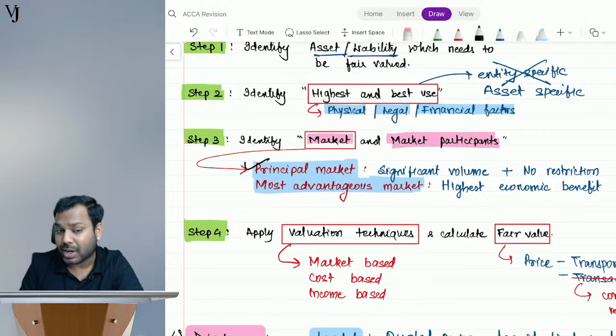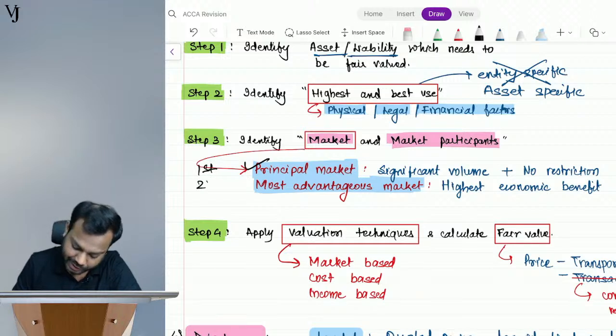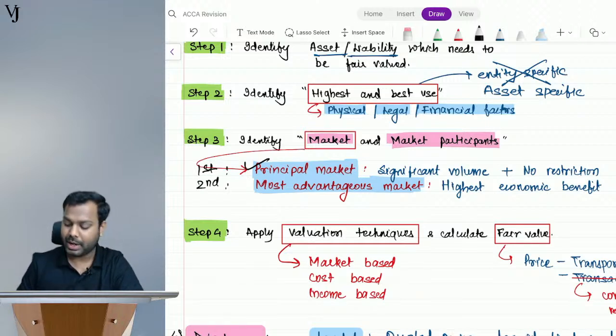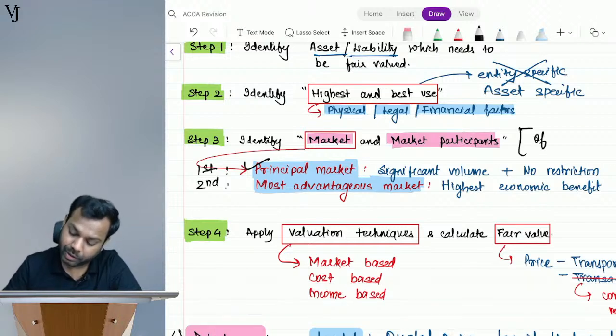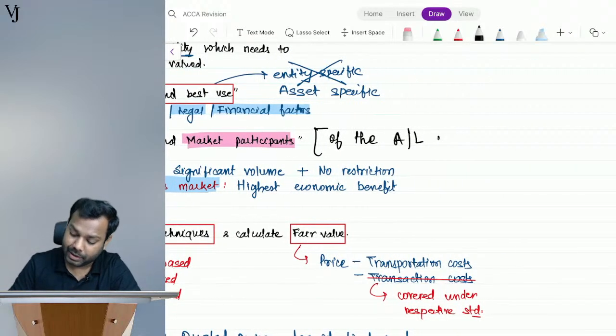If the principal market is not available, then you can go for the most advantageous market. Check the market of the asset or liability under consideration.